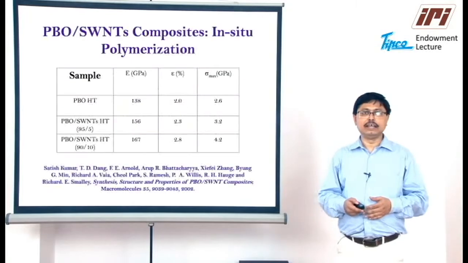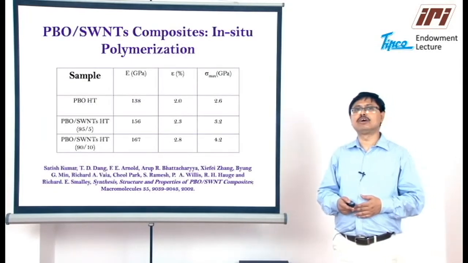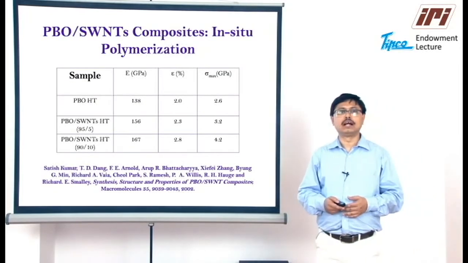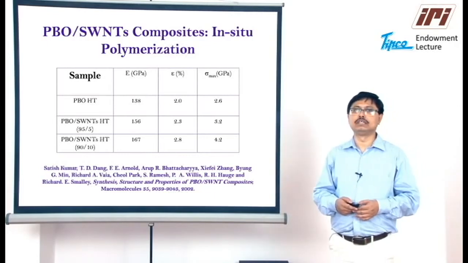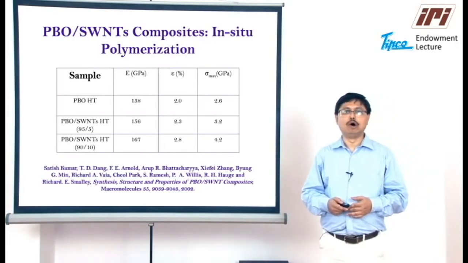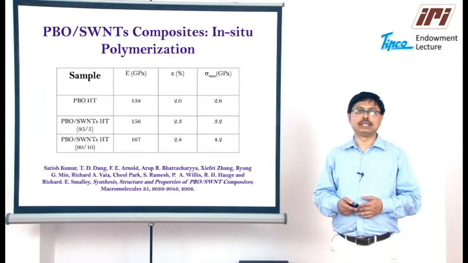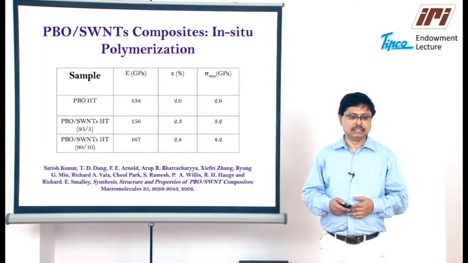Let me start by giving you a very extraordinary example where carbon nanotubes could improve the tensile strength of the composite material by almost 60% over the pure material.